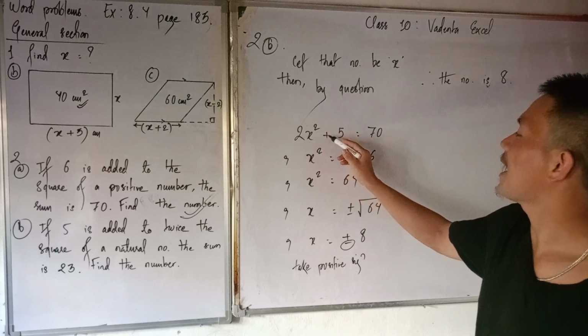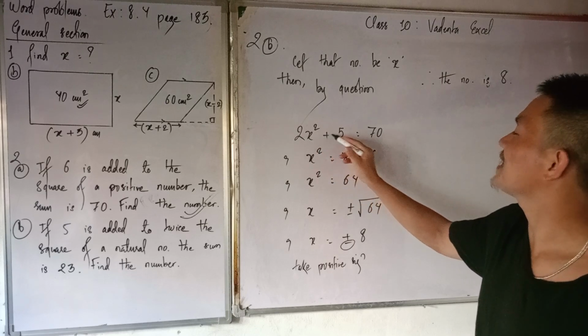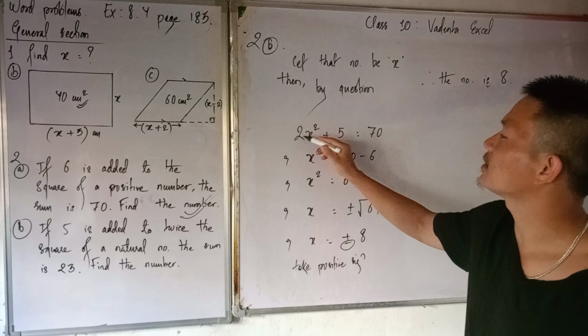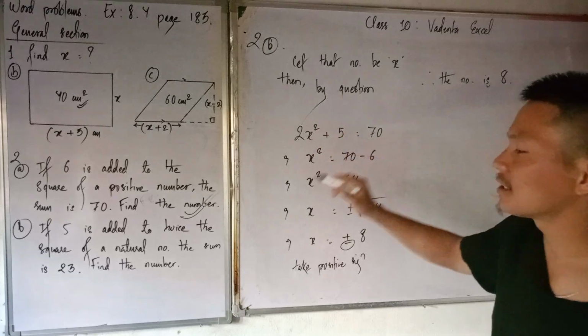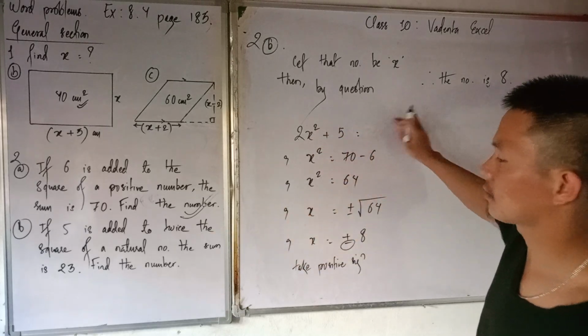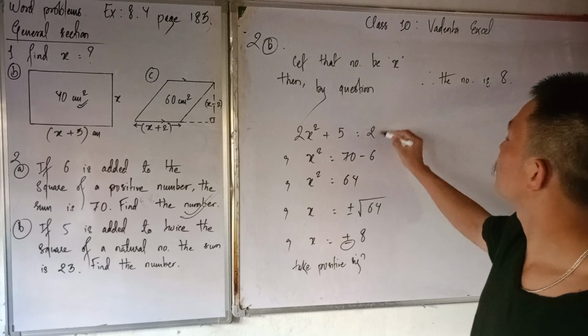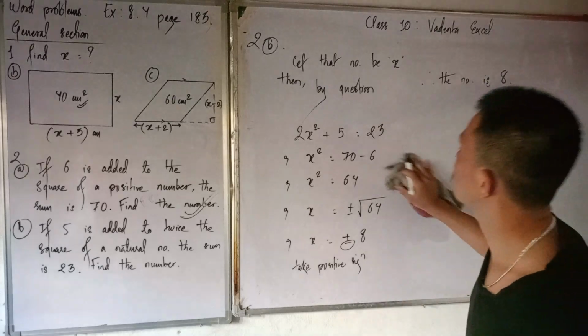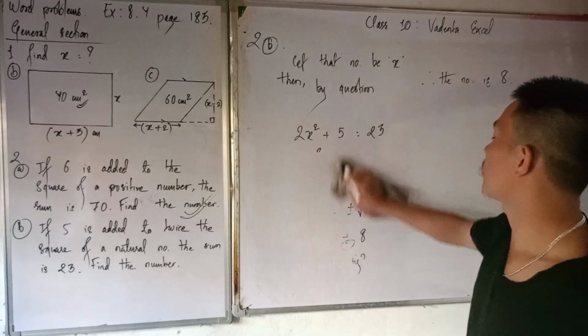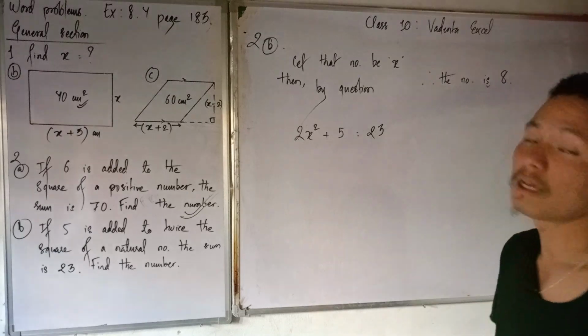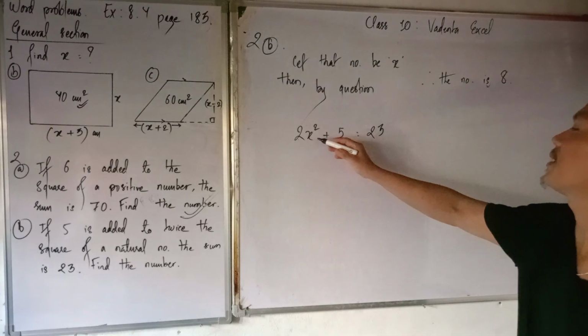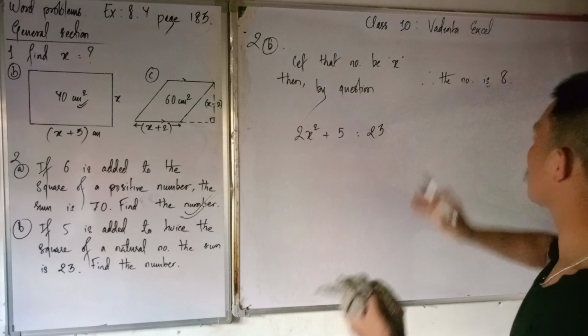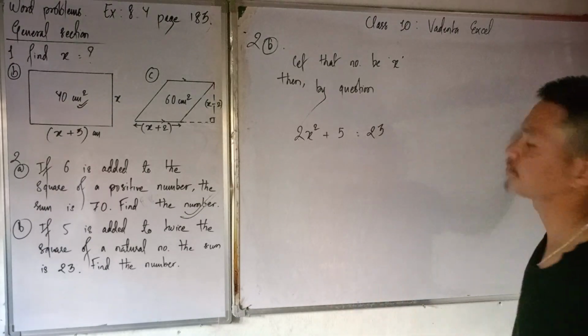If 5 is added to twice the square of the number, then the sum becomes 23. You can start from here. The only main part is how to make these equations, then it's all easy.